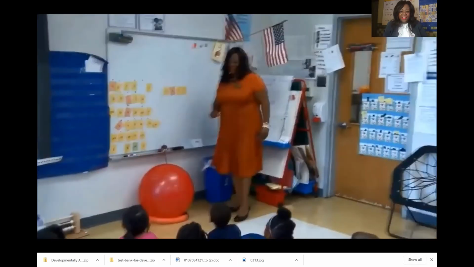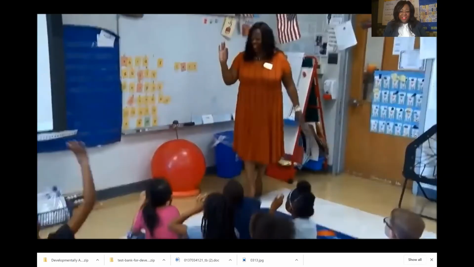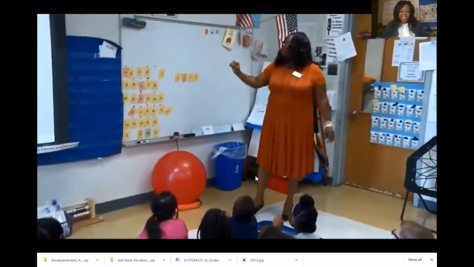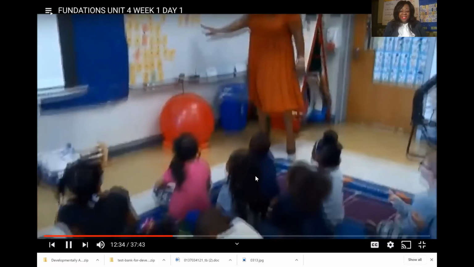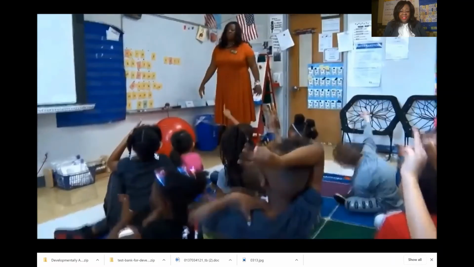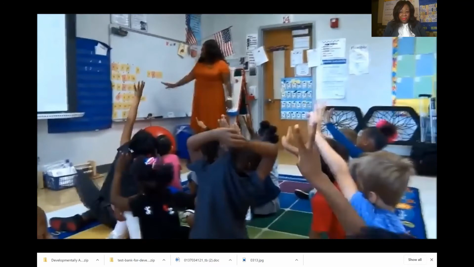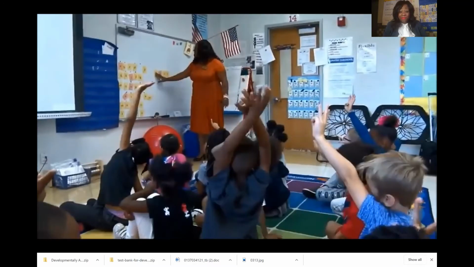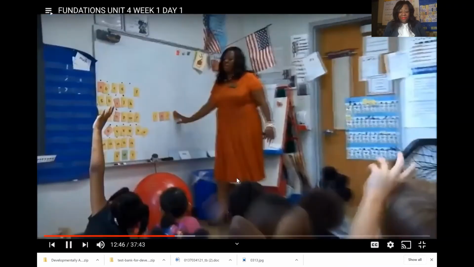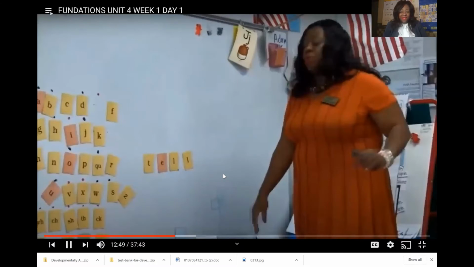Can we tap that out? How many sounds are there in tail? Fingers? We have 3 sounds. We have the t, and this is bonus. And it's silent. Who thinks they can mark this up for me?